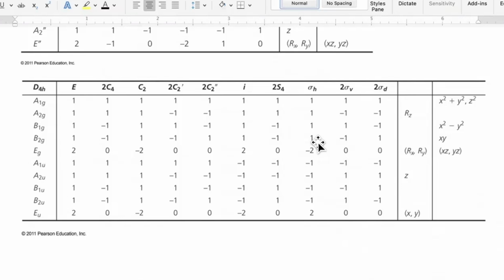The label equals G if symmetric under I, which is a positive one, which means that if there's an inversion center, that first row across will have a G in it. It'll be AG or A1G. The label will be U if antisymmetric.